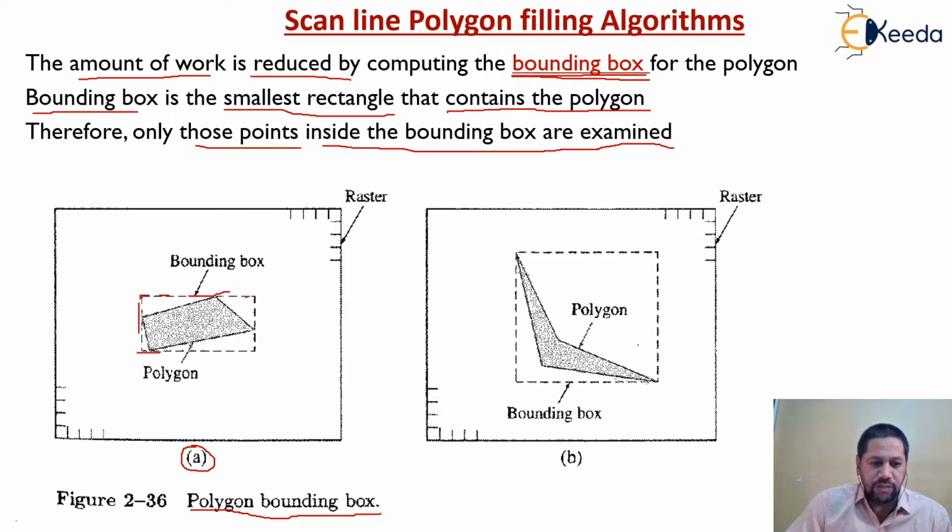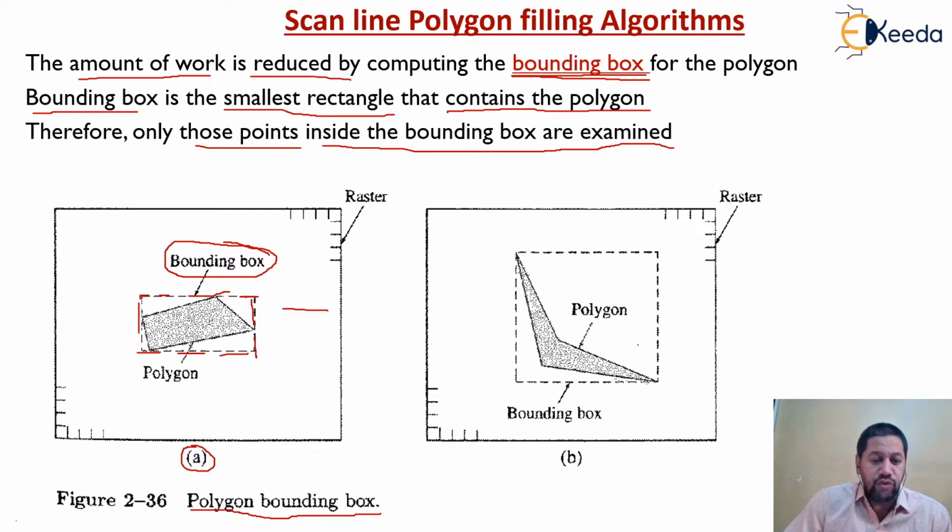I consider the bounding box to be the smallest rectangle. As you can see, we have written here that it is a bounding box. It is the smallest rectangle which is going to cover the entire polygon. Now what is going to happen due to this? I will just consider all the pixels which are inside the bounding box.